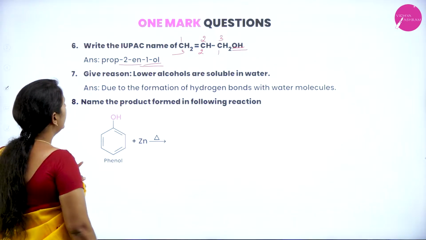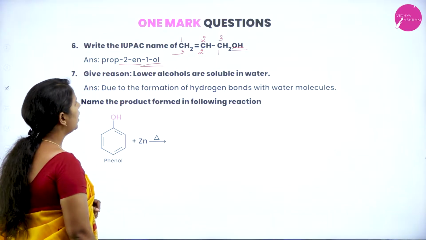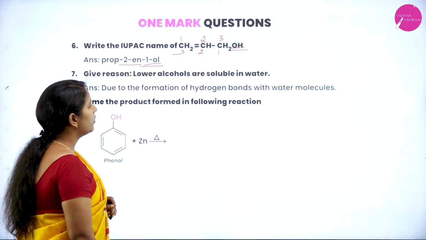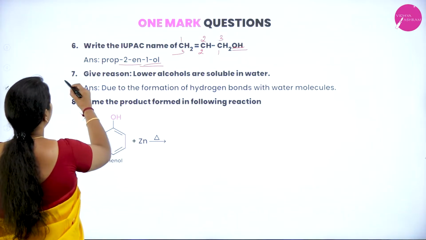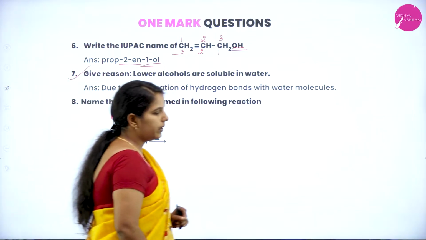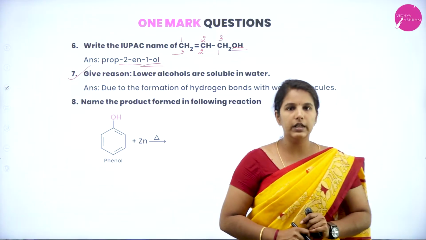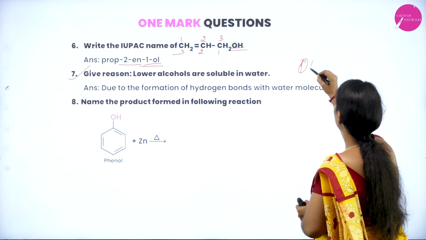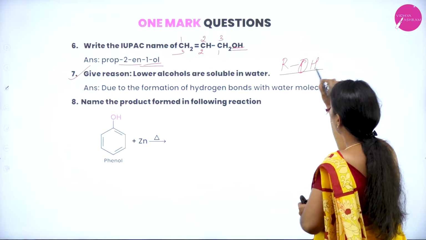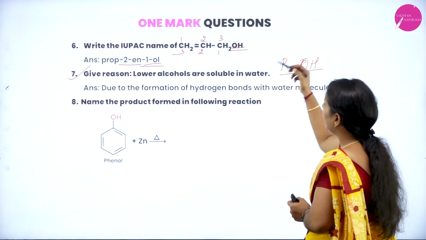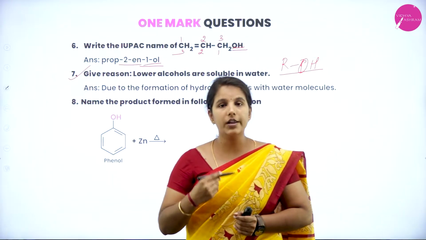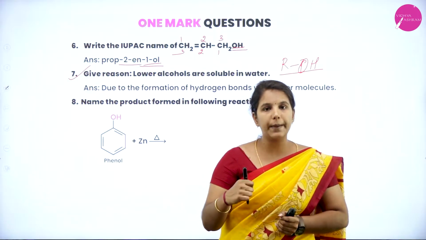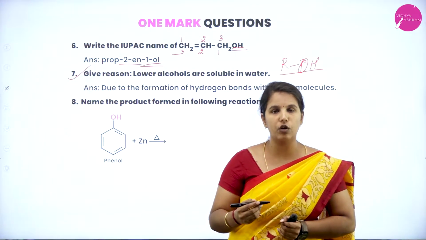Next question. Give the reason why lower alcohols are soluble in water. Due to the formation of hydrogen bonds with water molecules, the lower alcohols are soluble in water. We know that alcohols generally have an OH group attached to an alkyl group. If the alkyl group or aliphatic chain is very short, it has more capacity to form hydrogen bonds with water.